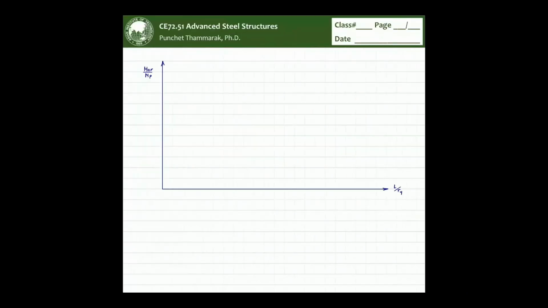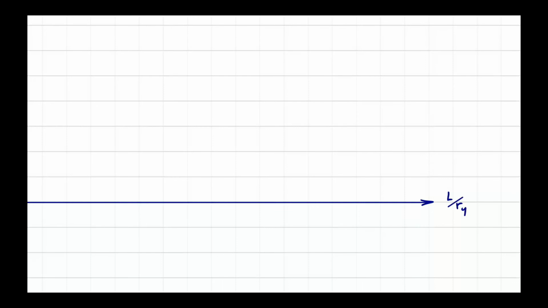L over Ry. We are going to write down the relationships between the critical moment to the plastic moment in the vertical axis versus the L, which is the unbraced length. The unbraced length over Ry.